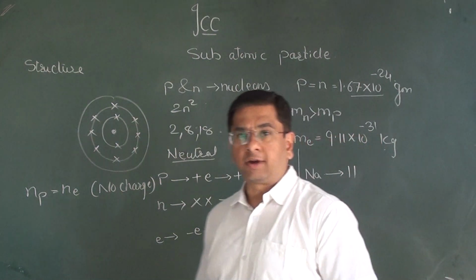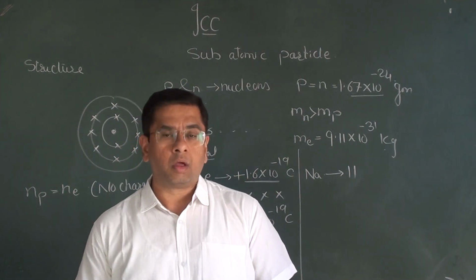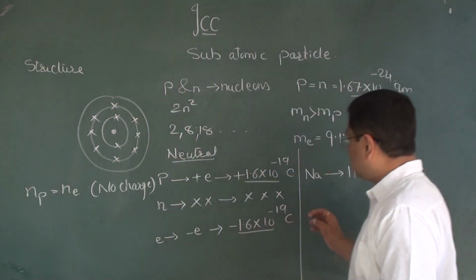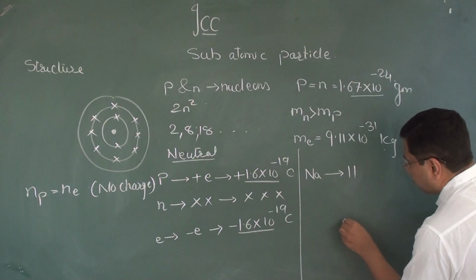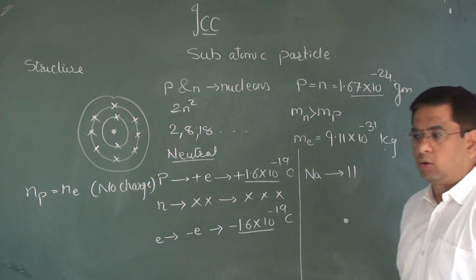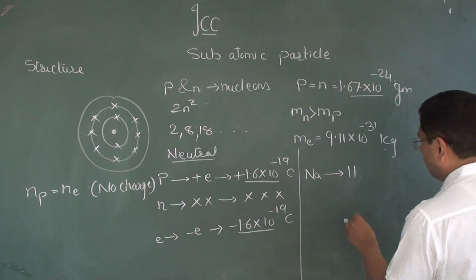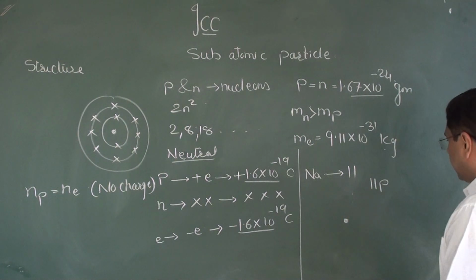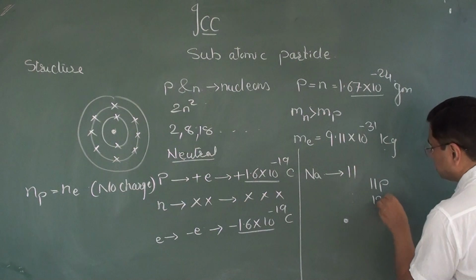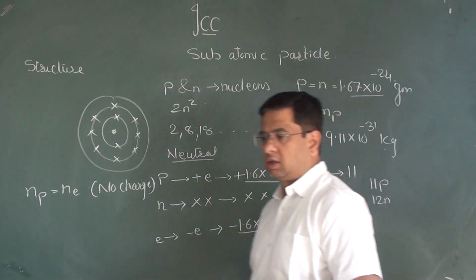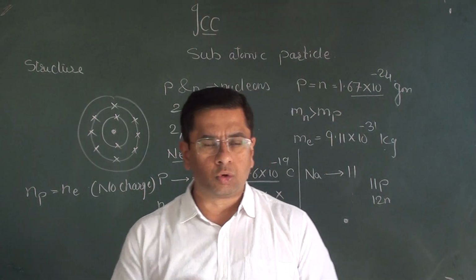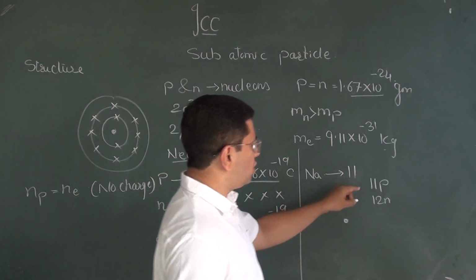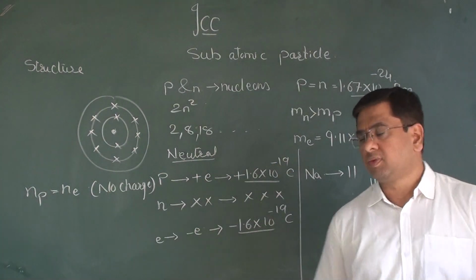Sodium, atomic number 11, will have a centrally located nucleus in which there will be 11 protons and 12 neutrons. In the nucleus of sodium, there are 11 protons and 12 neutrons.